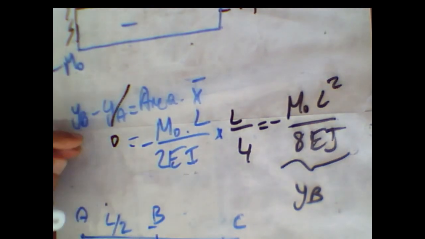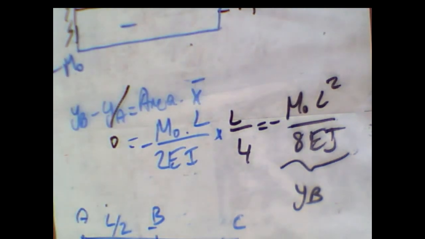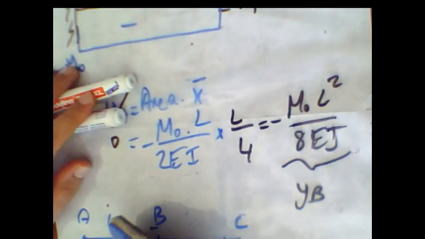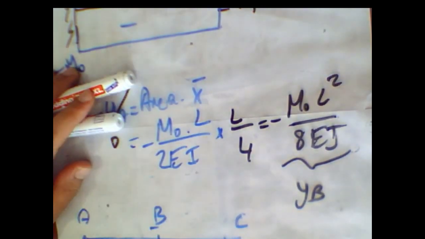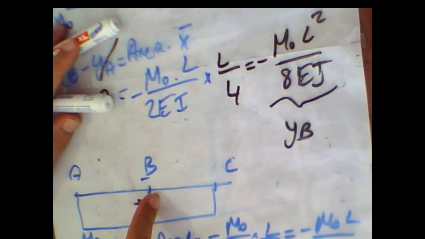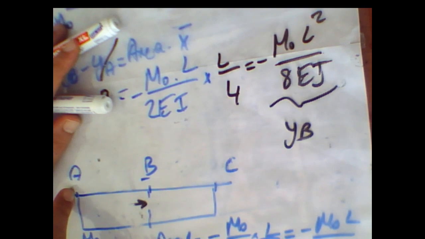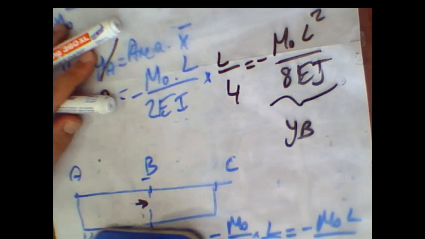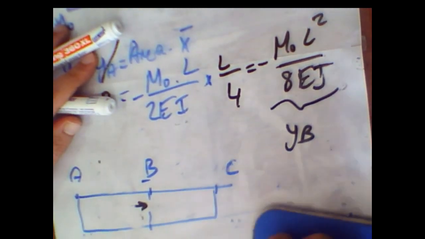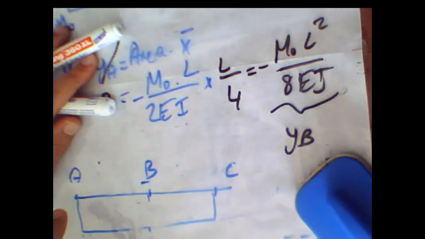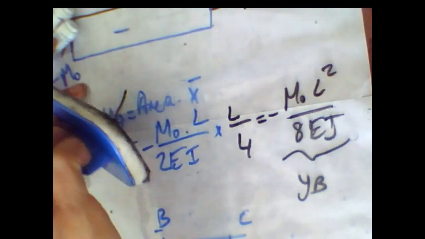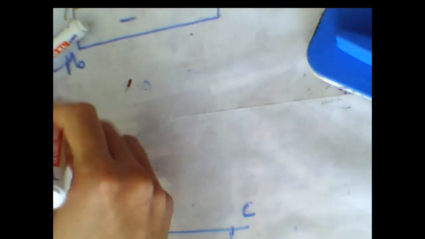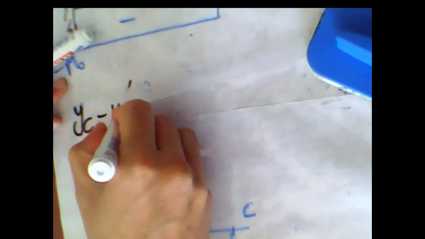Now I want to pass to the second question, the YC value. To find the YC value, I have two strategies, because I already know the deflection at B, and I also already know the deflection at point A. Any point we can check as a reference. I want to use the reference point A again. Therefore from point A to C, my formulation is YC minus YA.